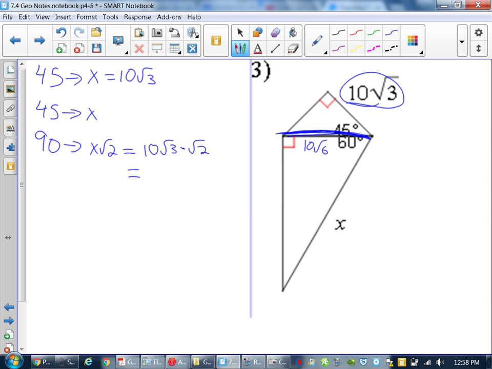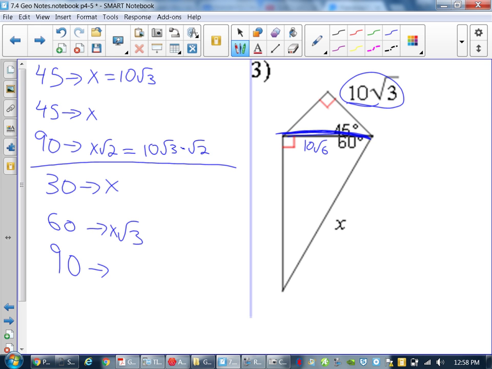And now you're in a second triangle, the 30, 60, 90 triangle. In that triangle, you now know opposite which angle? 30.